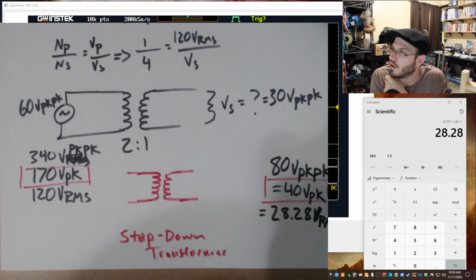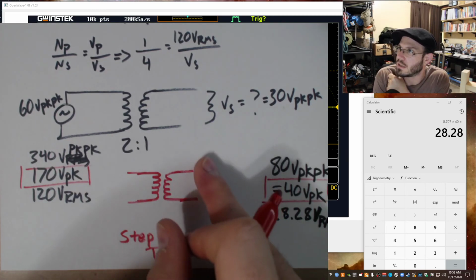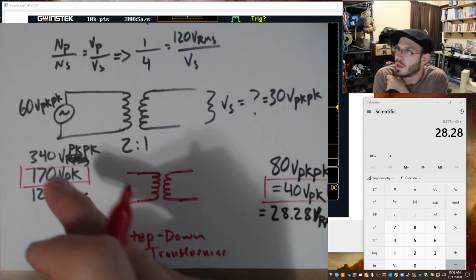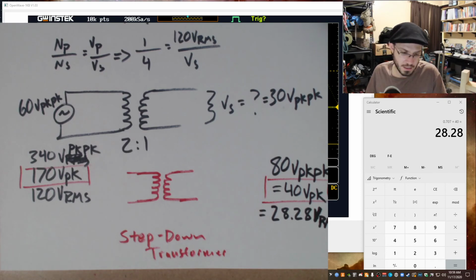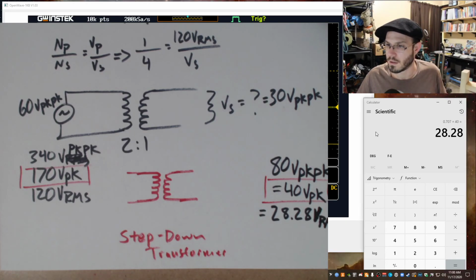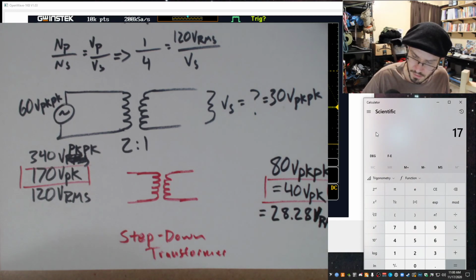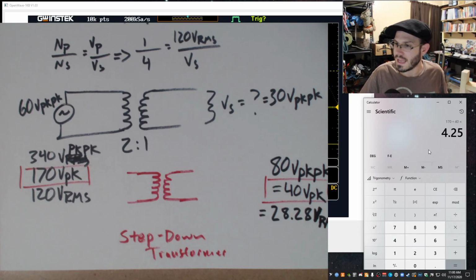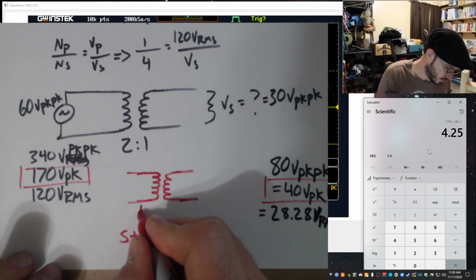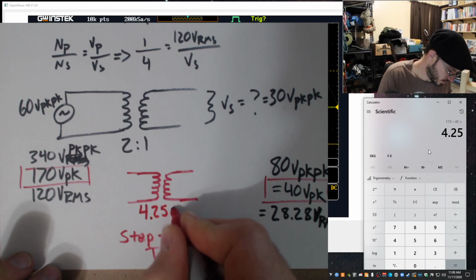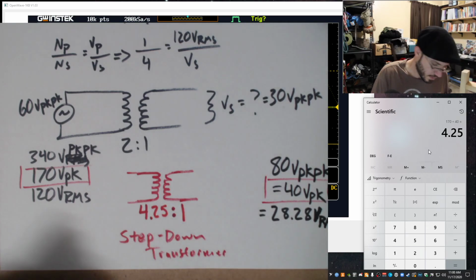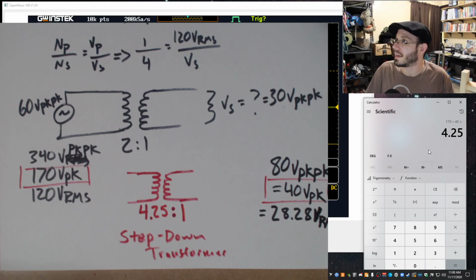Okay, now can I figure out what my turns ratio is for this transformer? Absolutely. 170 volts peak divided by 40 volts peak is 4.25 to 1, right?